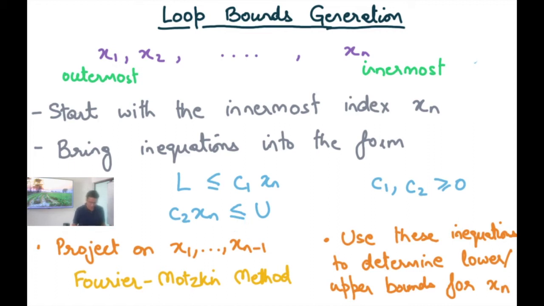Alright, so for example, we can just say that xn should be greater than or equal to L by C1 and xn should be less than or equal to U by C2. Recall that L and U are just affine expressions on x1, x2, ..., xn minus 1. And so this basically gives us lower and upper bounds on xn.